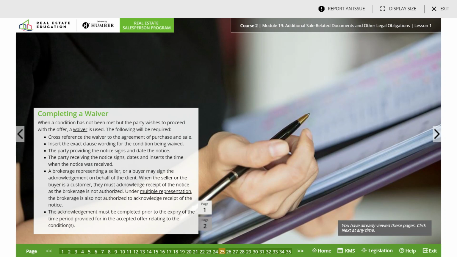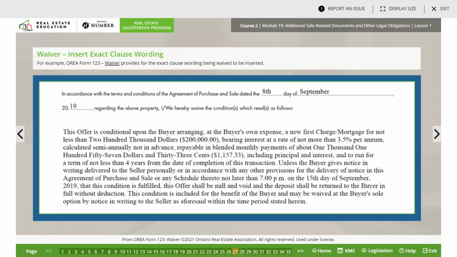When the seller or the buyer is a customer, they must acknowledge receipt of the notice, as the brokerage is not authorized. Under multiple representation, the brokerage is not authorized to acknowledge receipt of the notice. The acknowledgement must be completed prior to the expiry of the time period provided for in the accepted offer relating to the conditions. So that's for completing a waiver.